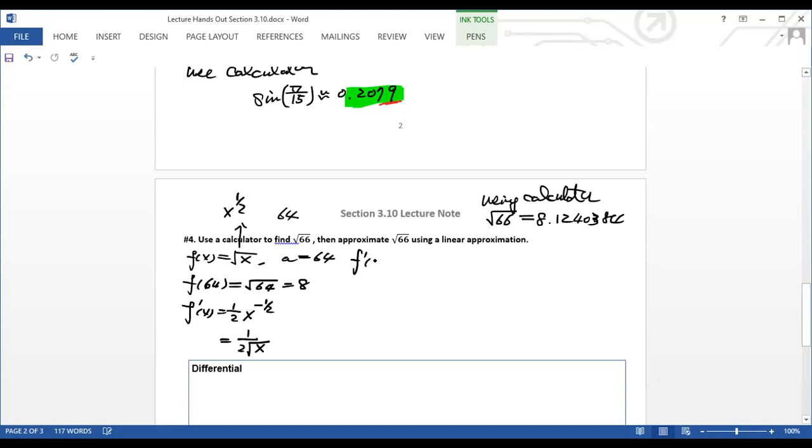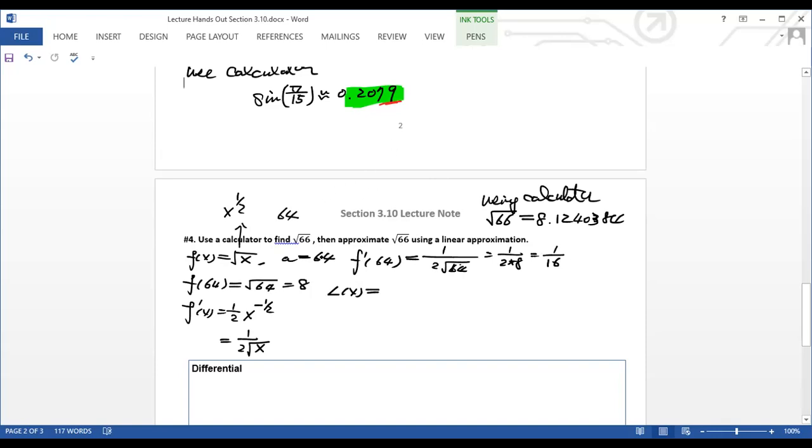Then f prime of 64 is 1/(2 times 8), so it's 1/16.